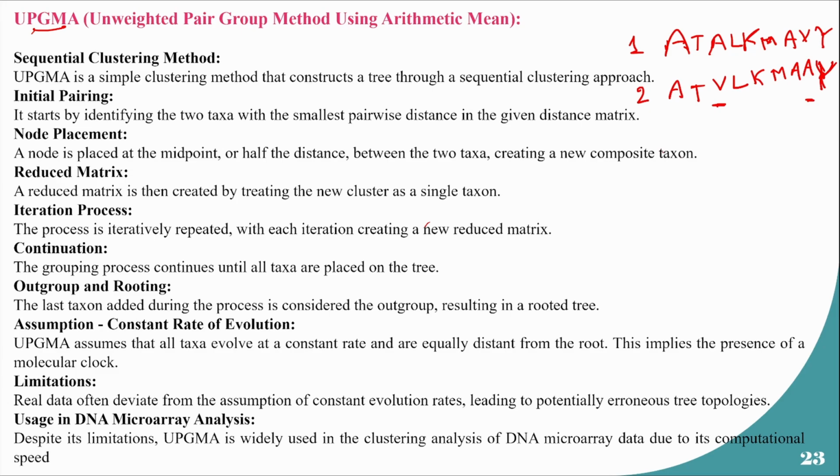Now let's say one more sequence comes into the picture. Let's say it is called sequence 3, and let's try to construct it, right? So we are comparing with 1 as our reference sequence. So let's do it.